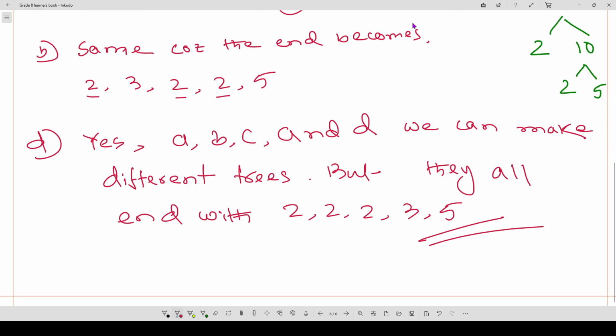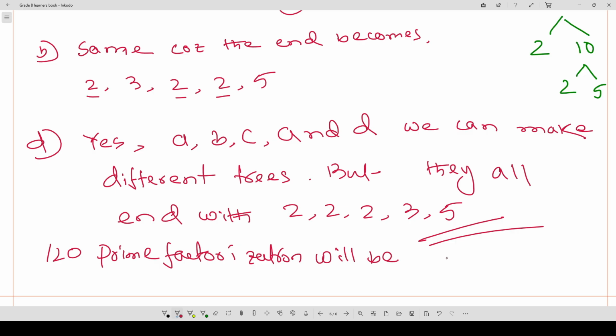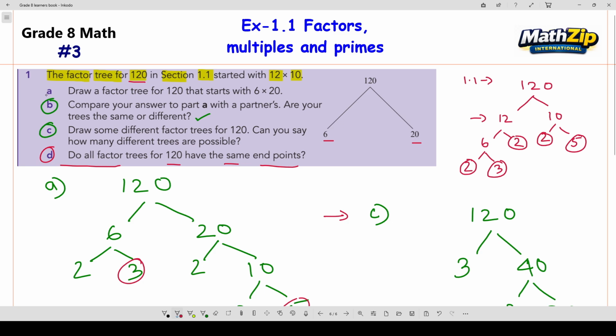Okay, it means 120 prime factorization will be 2 times 2 times 2 times 3 times 5. Okay, so number A, B, C. It means question 1 is done.